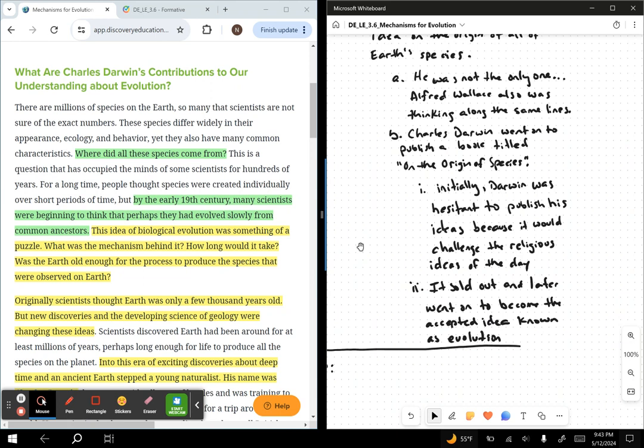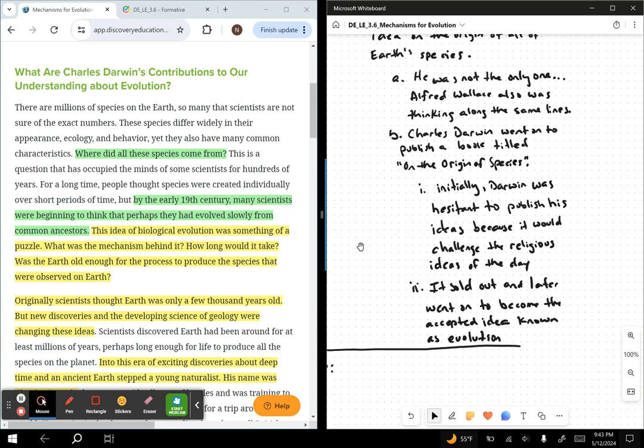They both had presented their ideas, but it was ultimately Charles Darwin who published his theory on natural selection. At first, he was hesitant to do this. He was well aware that it would not be accepted by the religious community. It would be challenged that way.